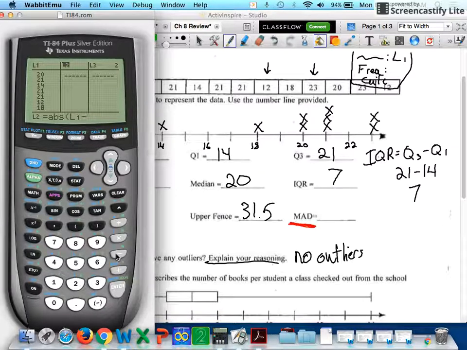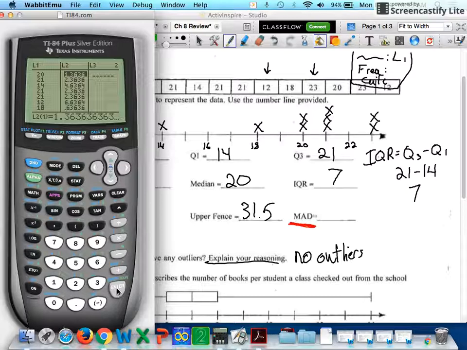You can either actually call up the mean for list 1 by doing second catalog and going down to M and selecting mean of list 1 and closing off your parentheses. That will work. That's all of our different distances.